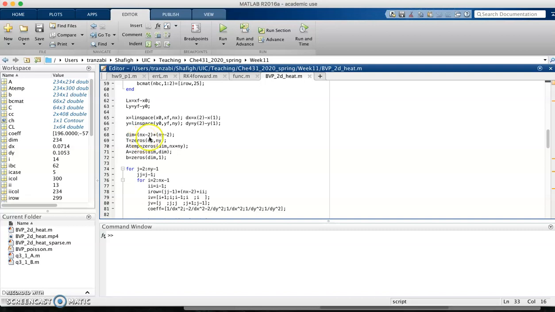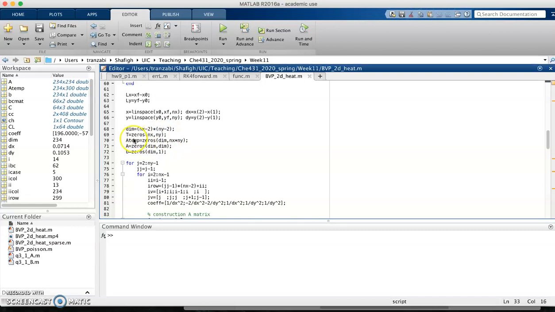If there are nx points along the x direction, 2 of them correspond to the west and east side, so it has to be nx minus 2, and then 2 of them correspond to the south and north side, so it's going to be ny minus 2 to remove the bottom and top row. Then you set up the unknown list. You need the temperature for every grid point, so that's why it's nx, ny, but the number of unknowns is actually less than nx times ny.